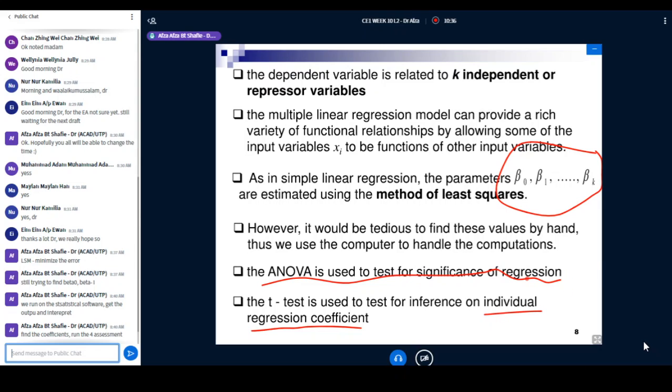You may have 10 independent variables, but at the end of the day, what matters is only 5. So you can eliminate the other 5 because they do not contribute anything to the value of the y that we are looking at. How do we determine that? We determine that by using the t-test. We will look at it a bit more.